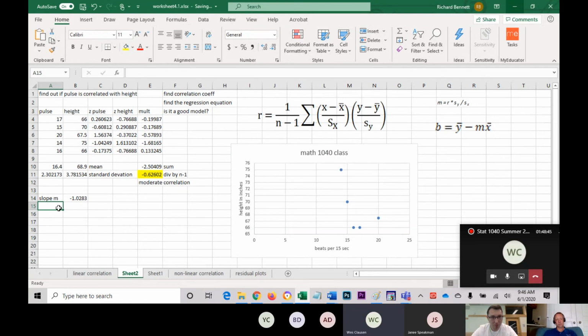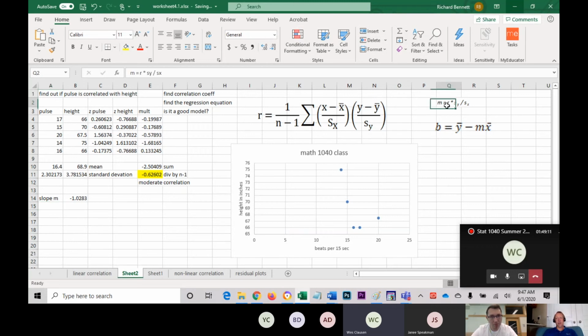Now we'll go ahead and take your R number, which would be negative 0.626, by, I have no idea.